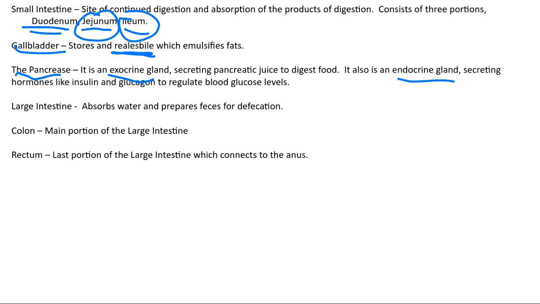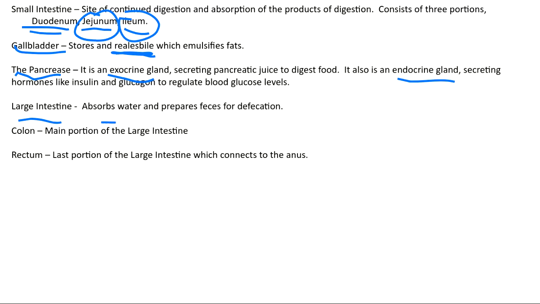All right, so insulin, remember, helps to use the sugar in your blood, and glucagon helps to release the sugar in the glycogen.